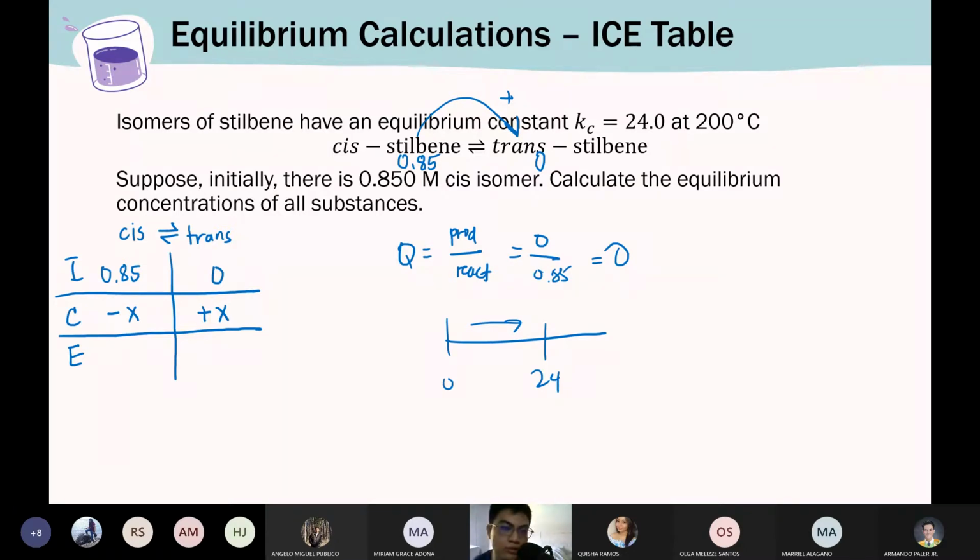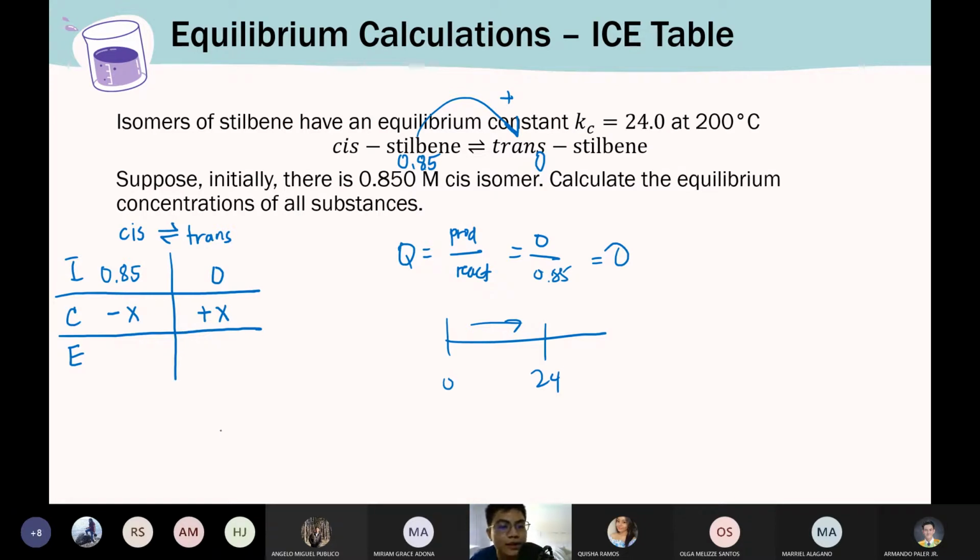If the reaction is going there, then that's positive. And if the side of the reaction will be reduced, then it's negative. So I guess it's clear for now.